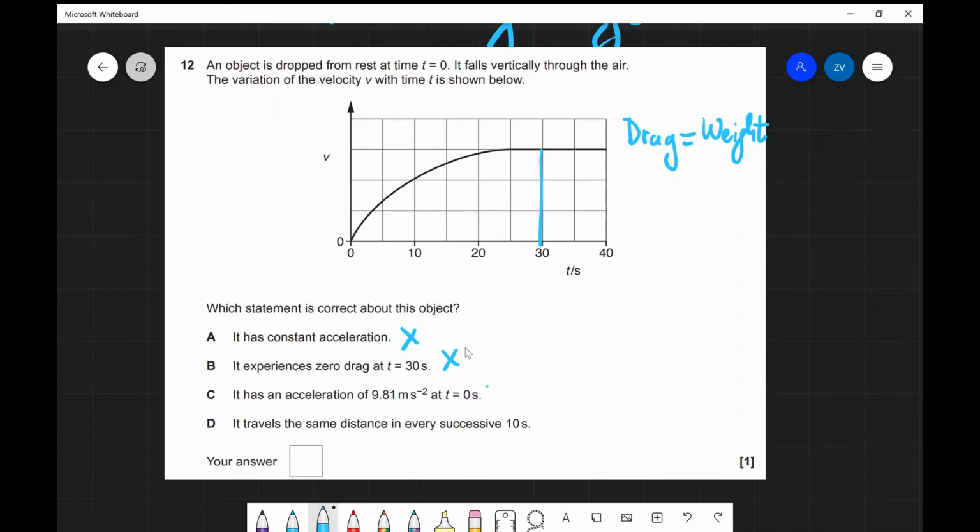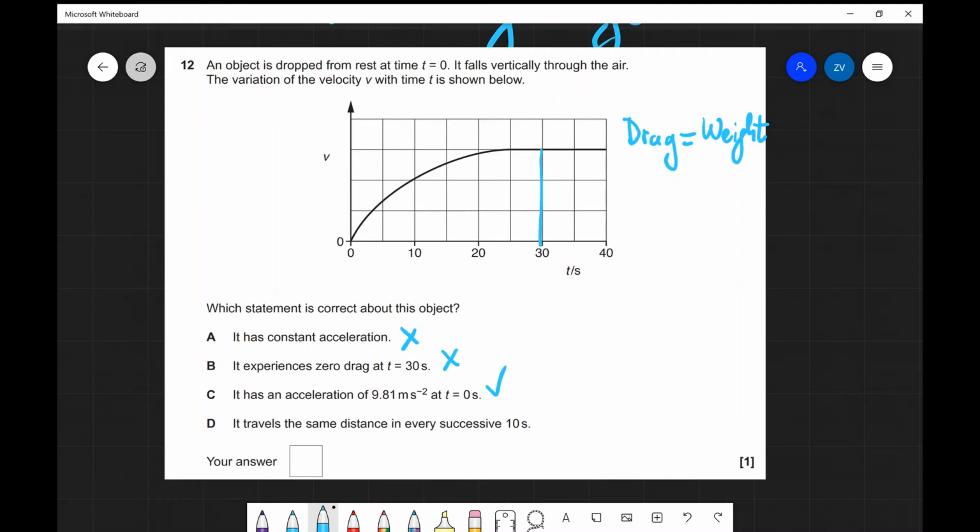Yep, that is correct. The reason for that is at t equals 0, the object experiences that acceleration g, but no drag has developed, because drag was proportional to the speed squared. So if you're not moving, then there's no drag. So right at the instant when it's dropped, the object experiences an acceleration of 9.81.